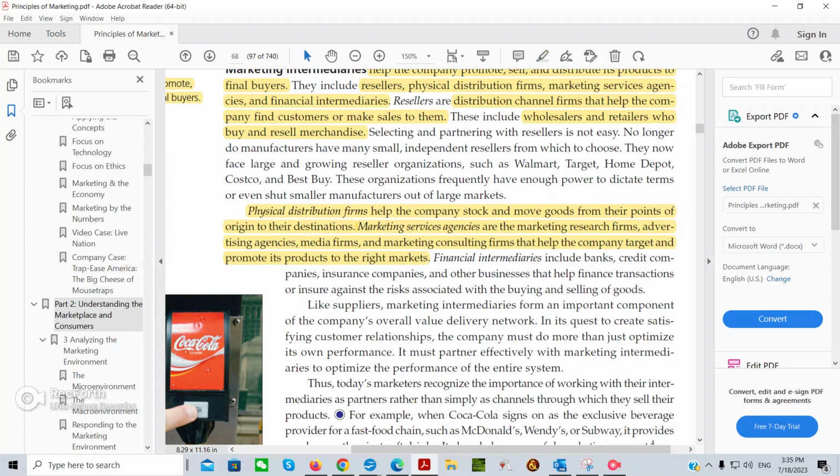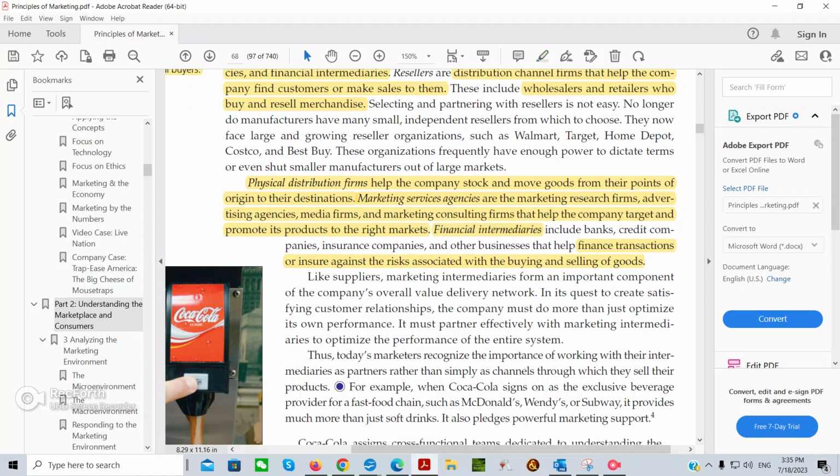Your financial intermediaries include banks, credit card companies, insurance companies, and other businesses to help finance transactions or insure against risk associated with buying and selling of goods. That's your financial intermediaries.